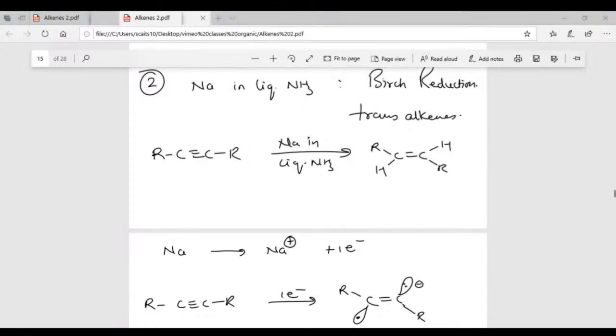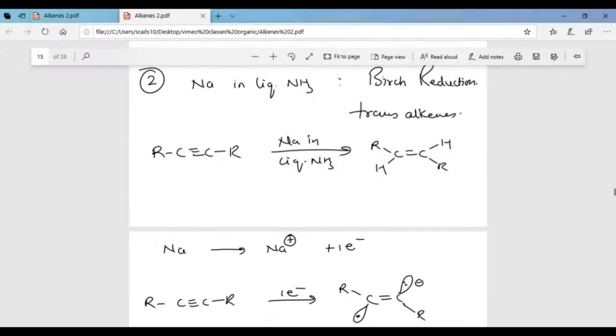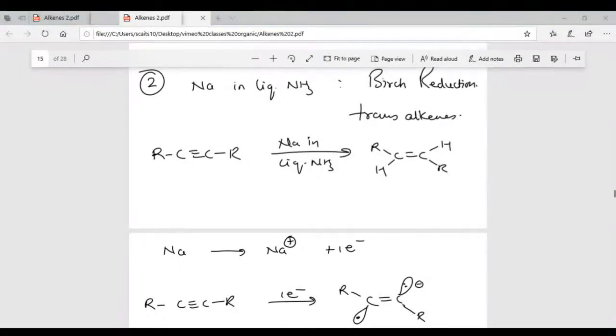So here we come to the closure of our today's lecture. We have prepared alkenes by different methods, and let me tell you, this particular point, that elimination reactions by themselves are important for other functional group studies also.